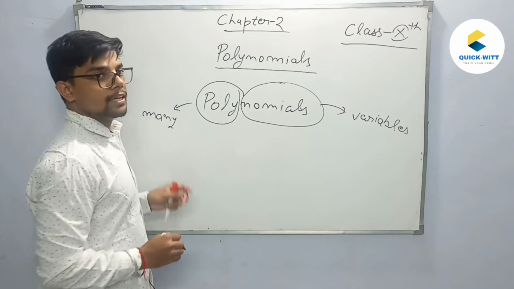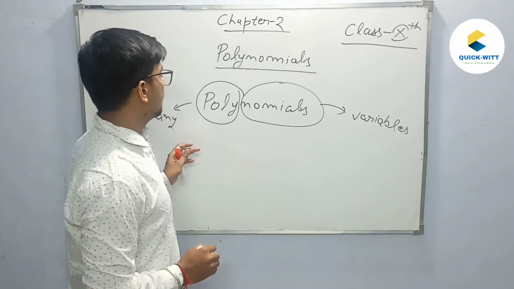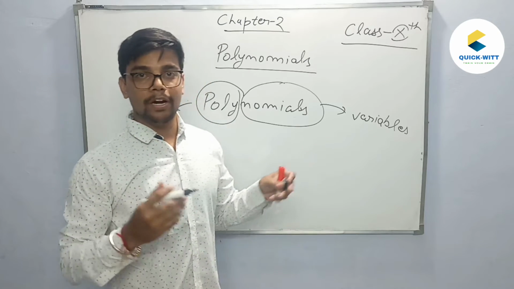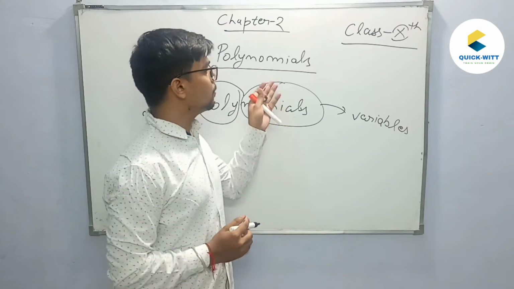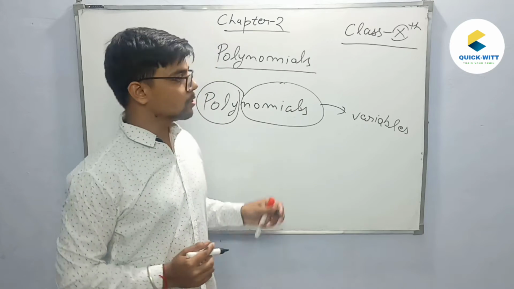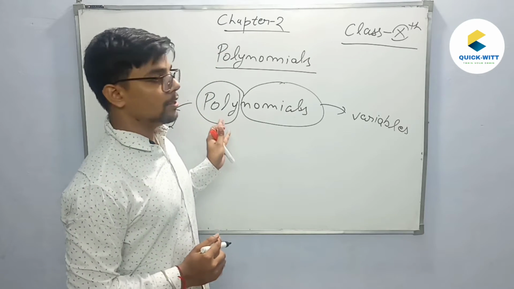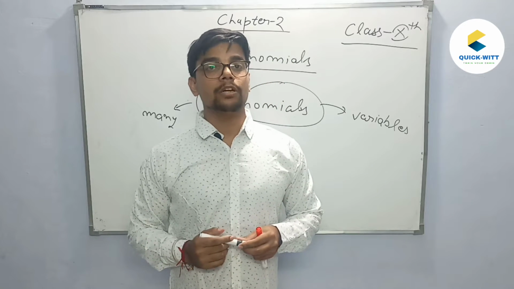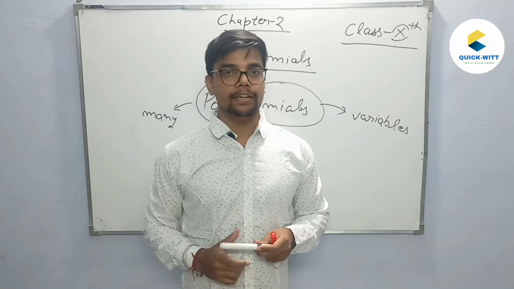So what we can understand? We can understand that if many variables are arranged in a particular form, they will make a polynomial. So a polynomial is a collection of many variables of different degrees.